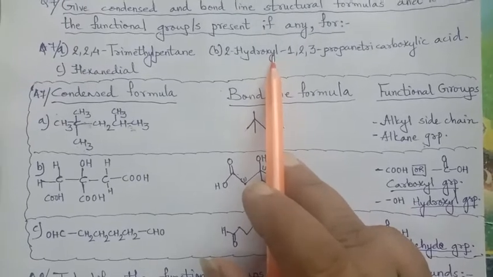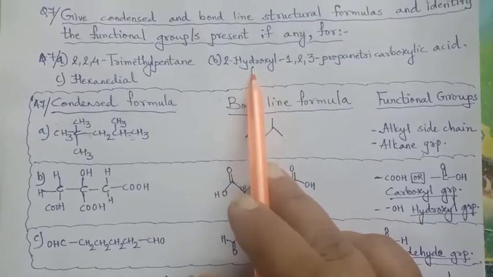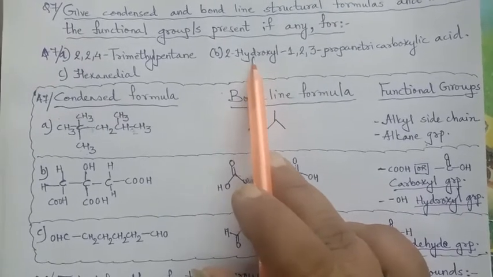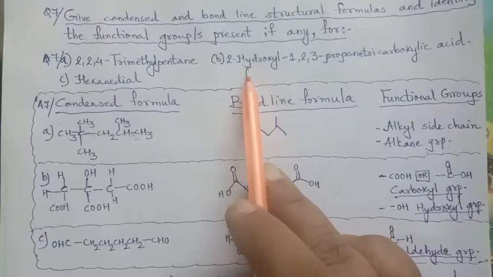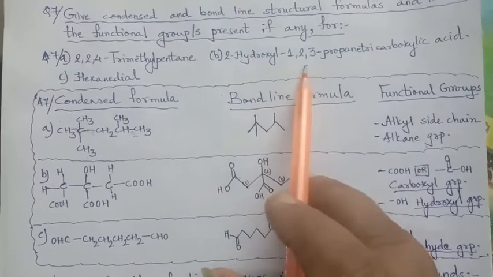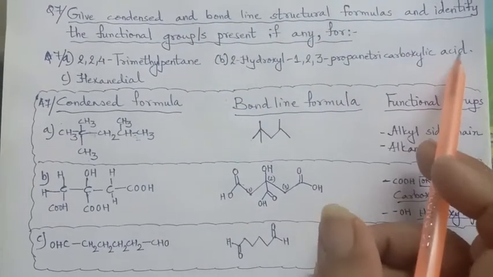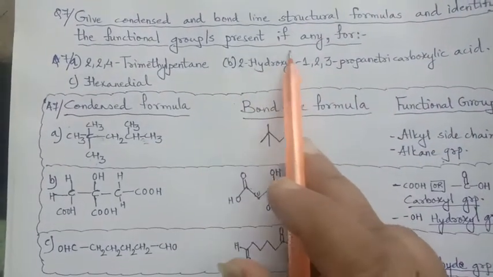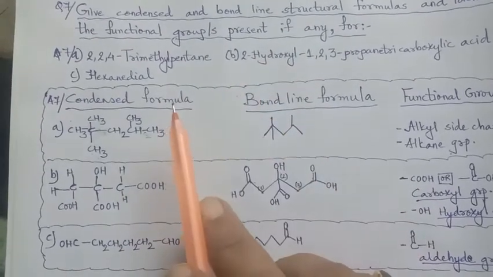When alcohol group is attached as the substituent functional group, then it is written as prefix hydroxy or hydroxyl. And if it is main group, then only we are writing ol, right? Propanol, butanol. But here the main group is carboxylic acid and here it is substituent functional group. So hydroxy is taken on second position.